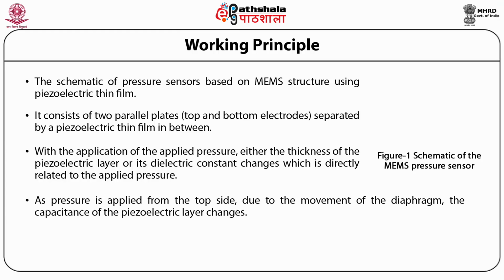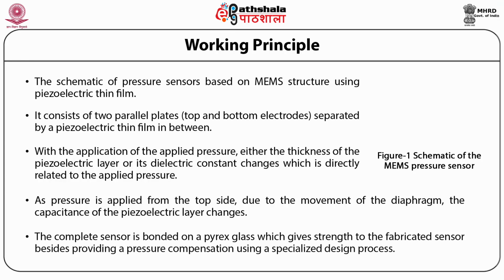As pressure is applied from the top side, due to the movement of the diaphragm, the capacitance of the piezoelectric layer changes. The complete sensor is bonded on a Pyrex glass, which gives strength to the fabricated sensor, besides providing pressure compensation using a specialized design process.